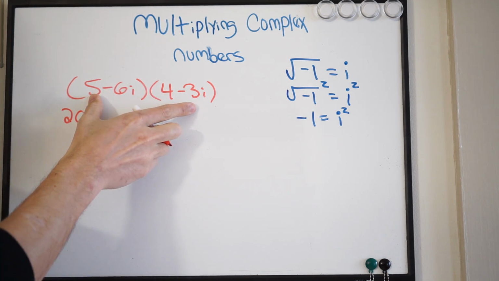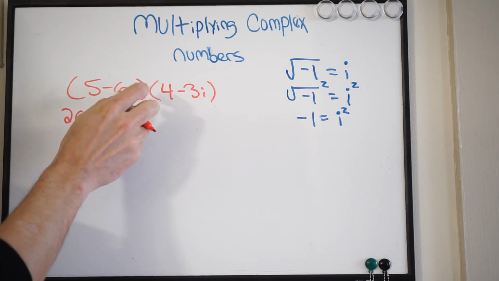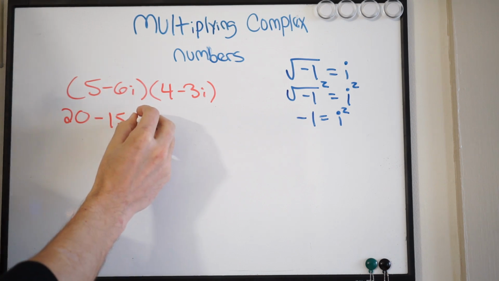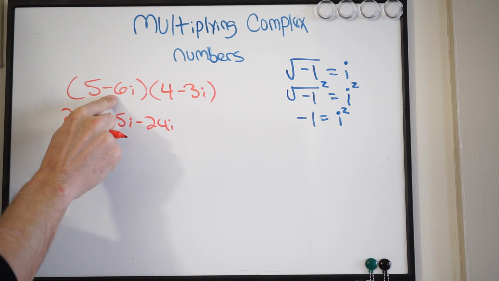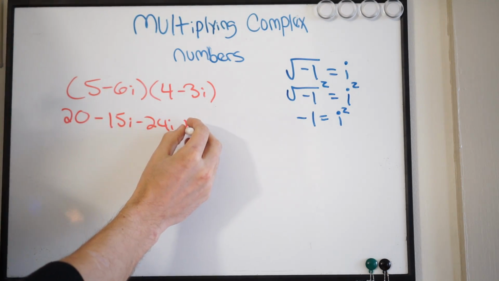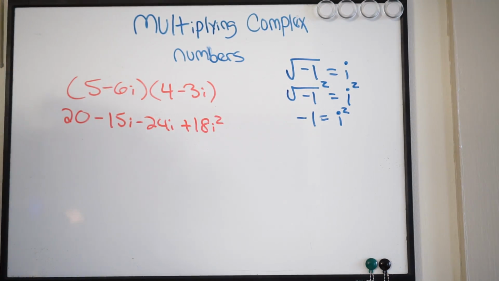Our outside terms, 5 times -3i, well that's -15i. And then we have -6i times 4, well, that's going to be -24i. And then we have -6i times -3i, which is going to be positive 18i squared. So at this point, we want to step back.